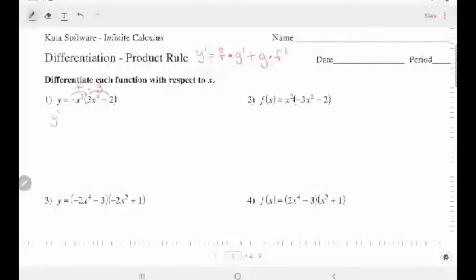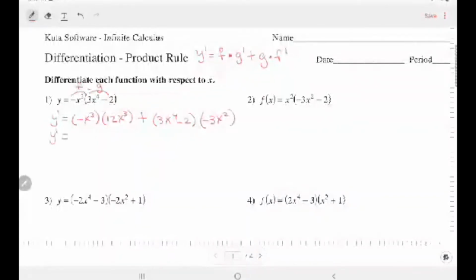So y prime equals negative x cubed times the derivative of g, that would be 12x cubed, plus g, which is 3x to the fourth minus 2, times the derivative of f, negative 3x squared.